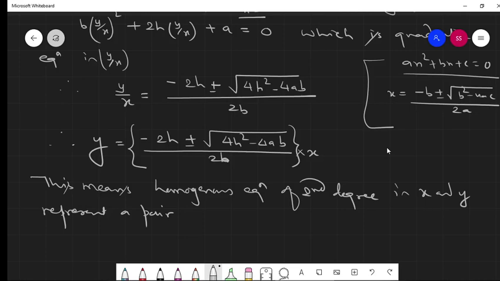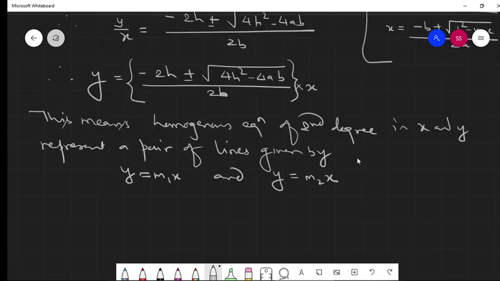If we have taken one root, with the positive sign, as m1, it becomes y equal to m1 x, and if we have taken the negative one, that is m2, it will be y equal to m2 x. Where m1 is equal to minus h.